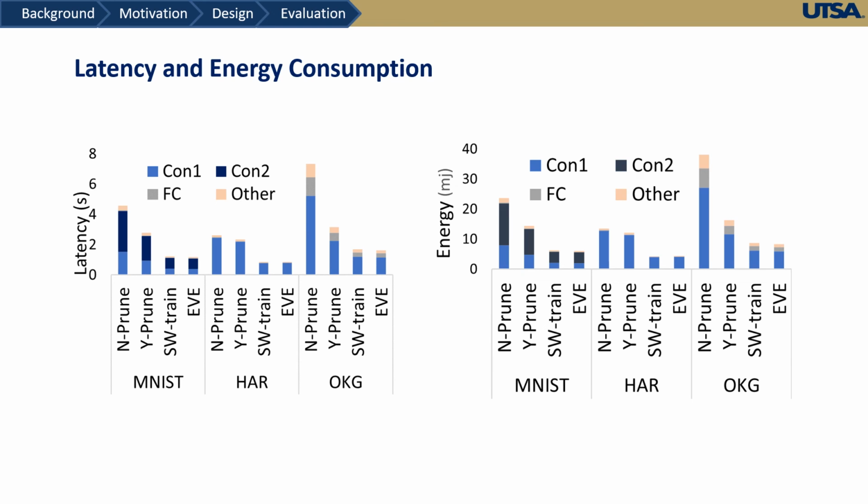On the other hand, the SW train and Eve have shared weights and are kept in primary memory. We can see that our proposed baseline, the SW train and Eve, has very low latency and power consumption compared to the other baselines. One thing to note is that we do not show the SqueezeNet data since it requires secondary memory to load a single model.